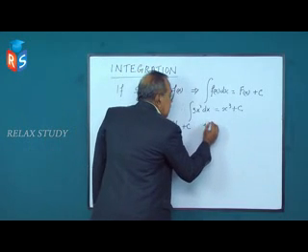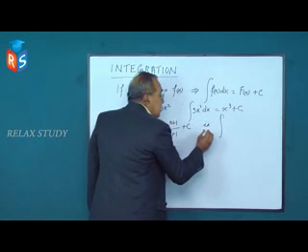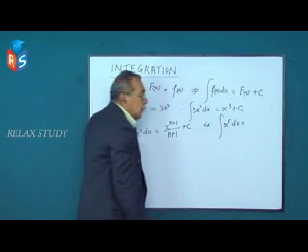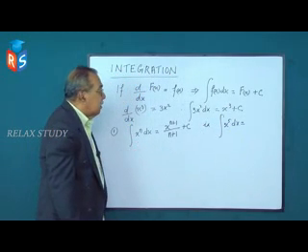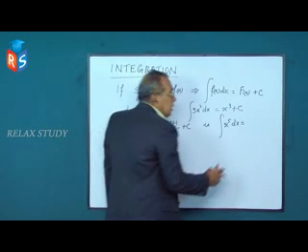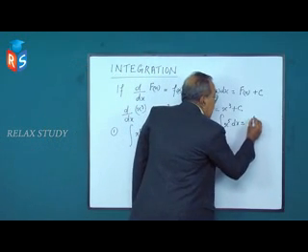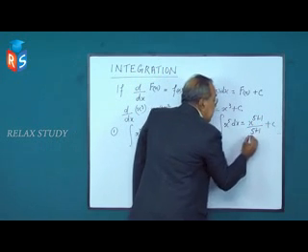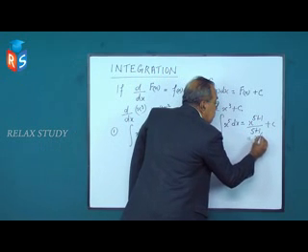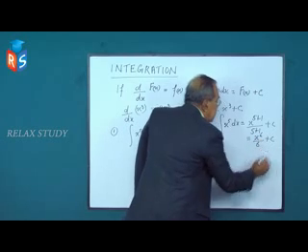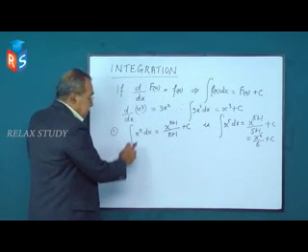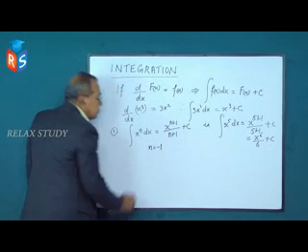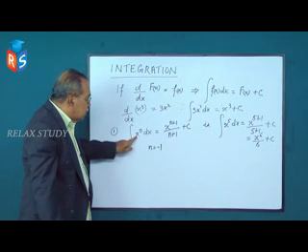Example, the integral of x raised to 5 dx is equal to x raised to 5 plus 1 by 5 plus 1, or x raised to 6 by 6 plus c. Here, n is not equal to minus 1.